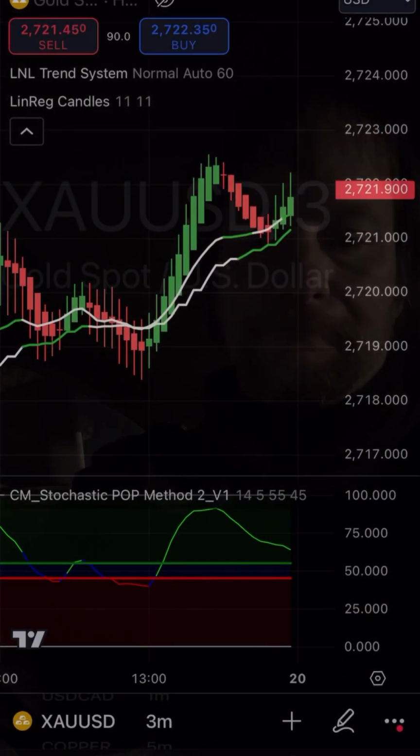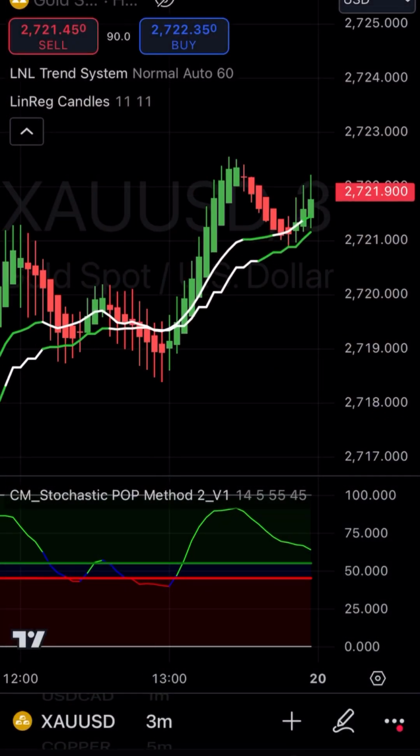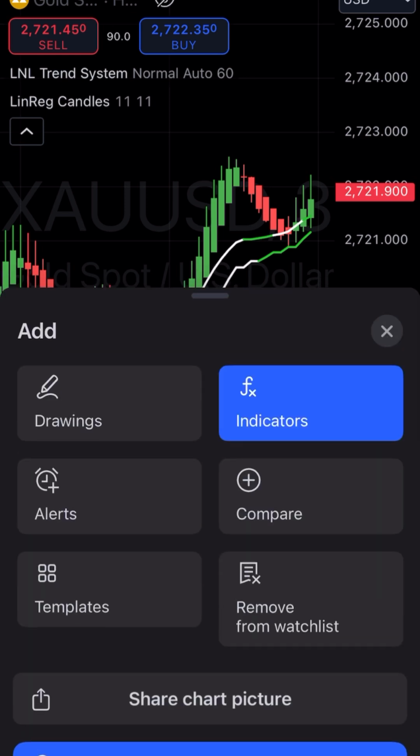Okay, so basically you need 3 indicators to get this working. The first one you want to have is, well, you'll need 4 here, but the fourth is optional. You'll want to get set up first with the linear regression candles.